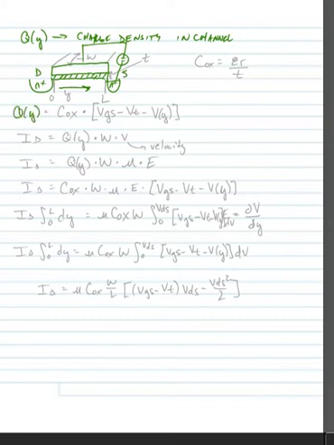So we know that Q sub y is equal to the capacitance per unit area in the channel, Cox, where Cox is defined as the relative permittivity of the oxide divided by the thickness of the oxide.